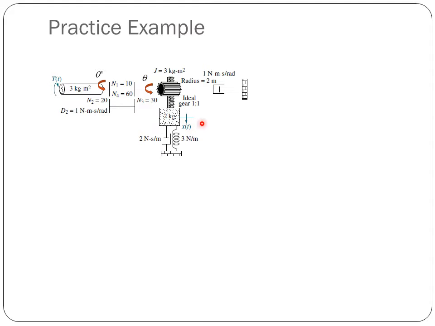You can write x equal to r theta. R is the radius of this cylindrical shape gear, the inner radius, which is 2 meter. And also this theta is dependent on this theta dash because there is a coupling through the gear.